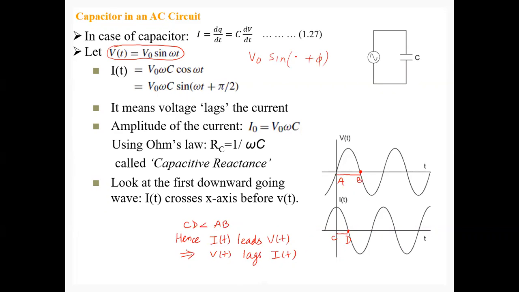Last time I considered V(t) equals V0 cosine(omega t plus phi), right? But I can consider anything. You can consider cosine, you can consider sine interchangeably, because they're just the same thing.